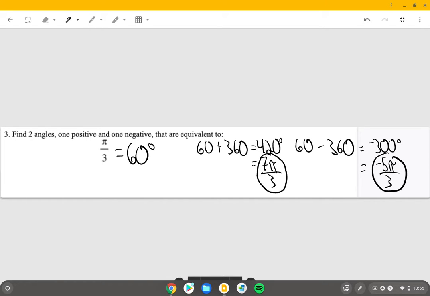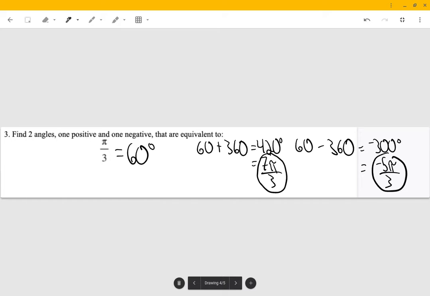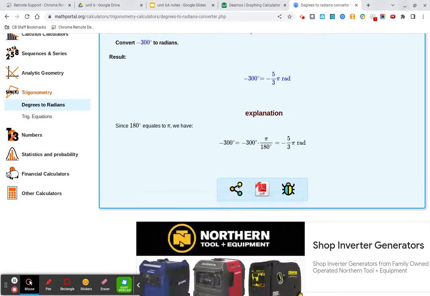So your two angles that are equivalent to pi over 3 are 7 pi over 3 and negative 5 pi over 3. Again, for this problem, the final answer has to be in radians.